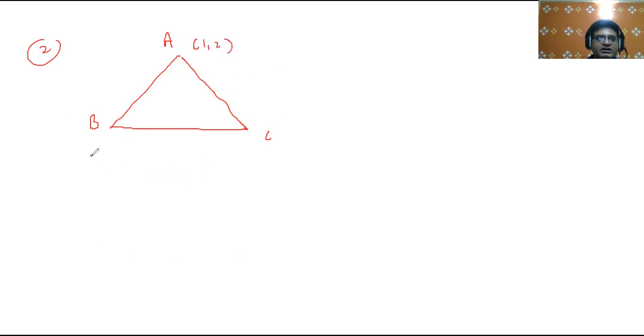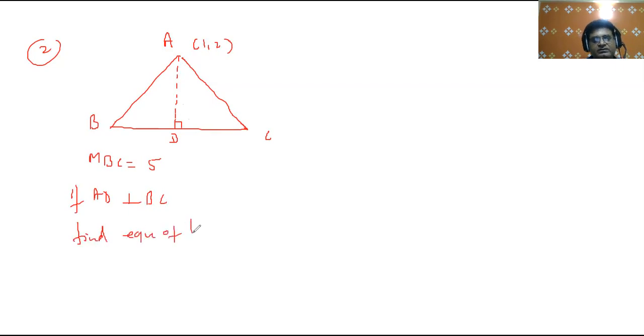Now we are moving to the next question. Say for there is a point A, another point is B, and this point is C. Say for A is (1, 2), and slope of BC is say for 5. If AD is perpendicular to BC, then find the equation of line AD.